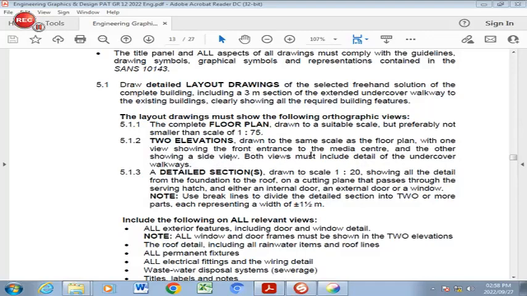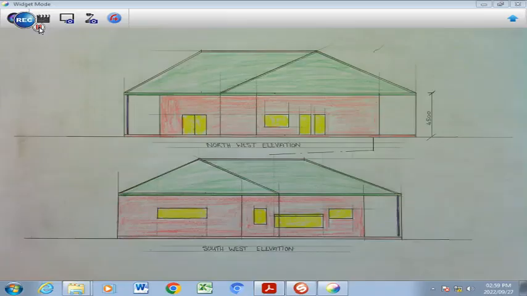And remember, we spoke about the front entrance, which is your primary view of your media center, and an additional view, which is another view showing a side, and we have chosen that. You will find that is your northwest elevation, which is your primary view, and your additional view is going to be your southwest elevation, all taken from the direction, and all the necessary items which are required in this elevation.